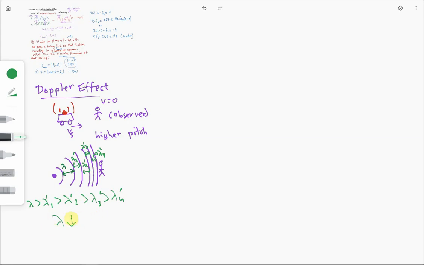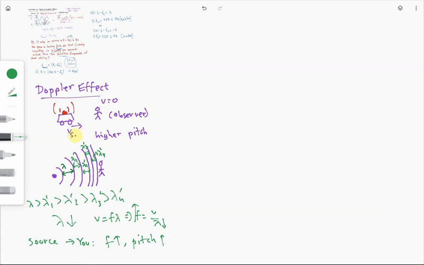If the wavelength is decreasing, we know that v equals f lambda for waves, and frequency is v over lambda. So if the wavelengths get smaller, the frequency gets higher. So as the source goes towards you, the frequency goes up, meaning the pitch of the sound goes up. As simple as that. And as the ambulance reaches you, you hear the sound with a greater pitch.